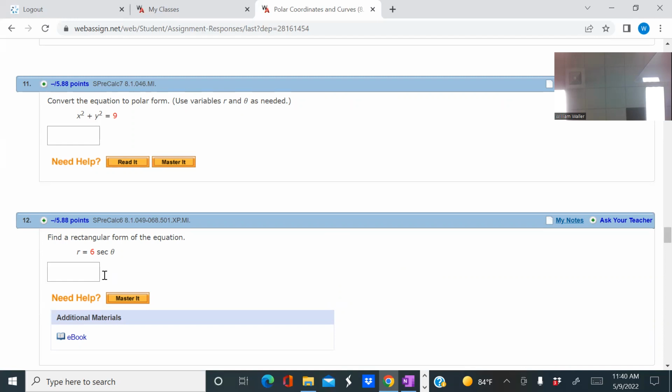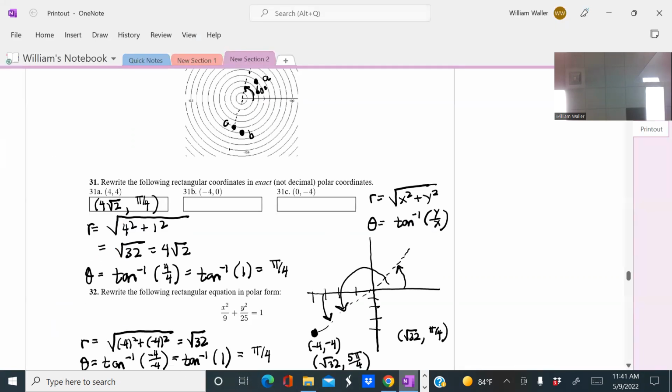Now, look, when you have x squared plus y squared, that's kind of a tip-off, because remember this equation for converting from polar to rectangular: r equals the square root of x squared plus y squared. If you square both sides, then guess what? r squared is x squared plus y squared.